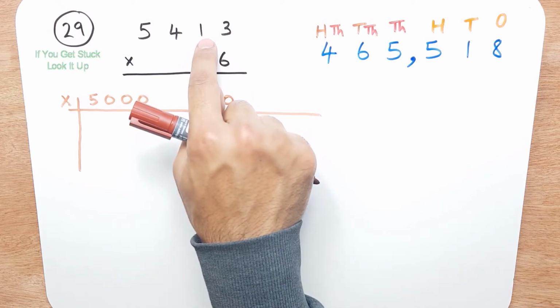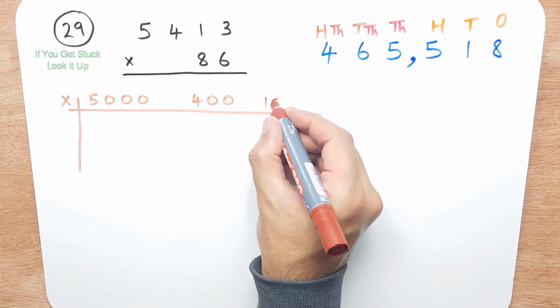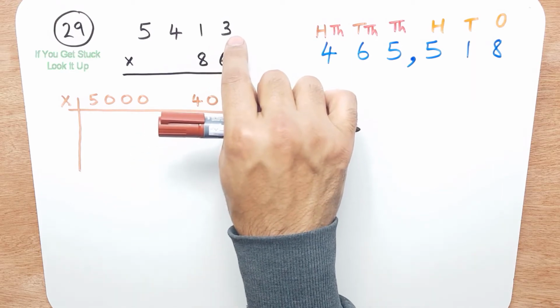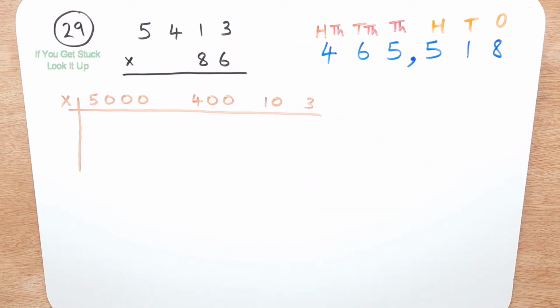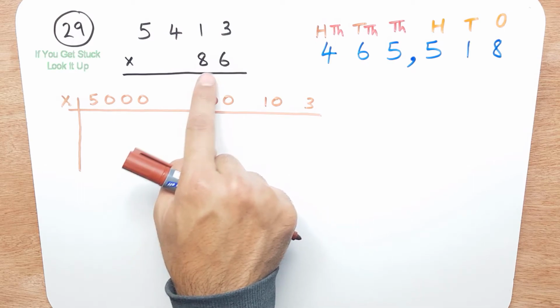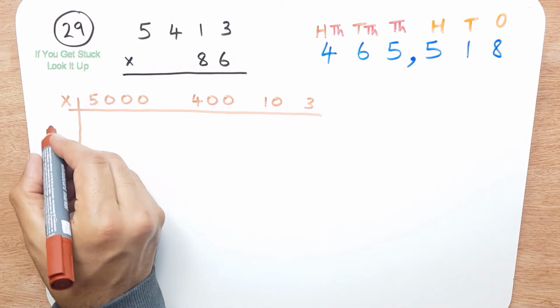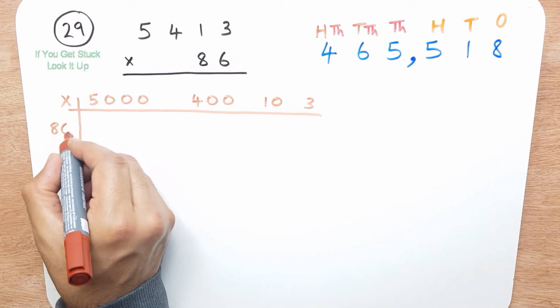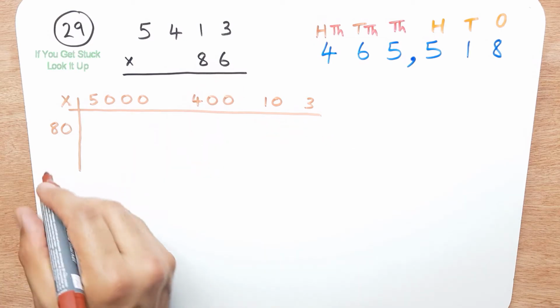And then I have 1 in the tens column. Then I have 3 in the ones column. Now 86 I'm going to partition or split up and write it down here. So I have 8 in the tens column, which is 80. And I have 6 in the ones or the units column, so I put 6 here.